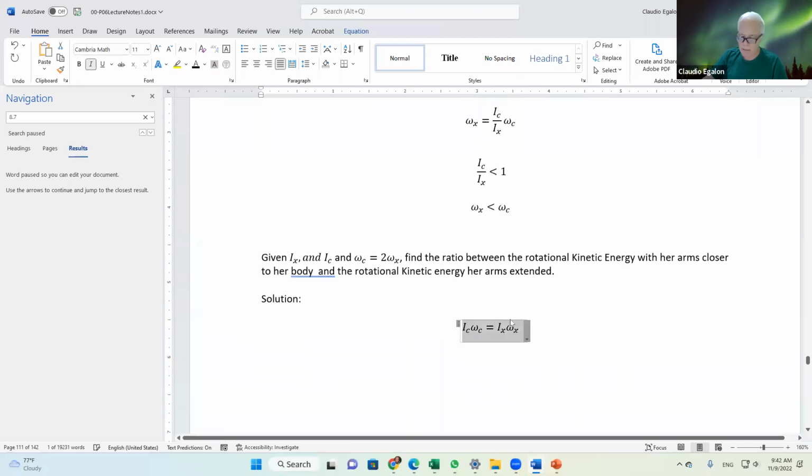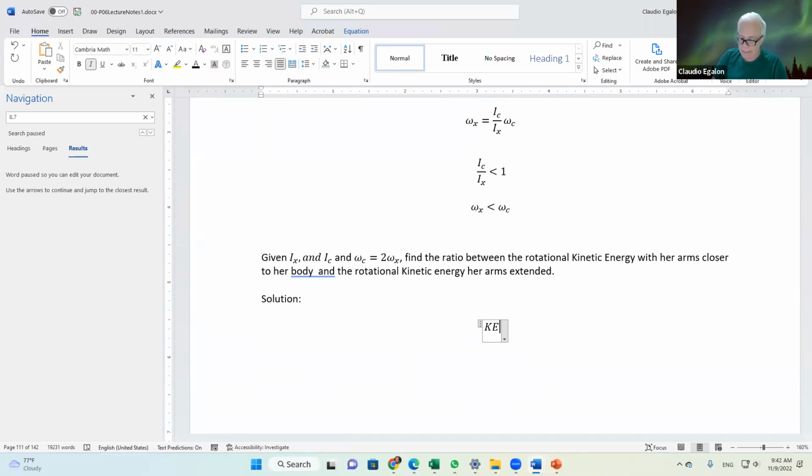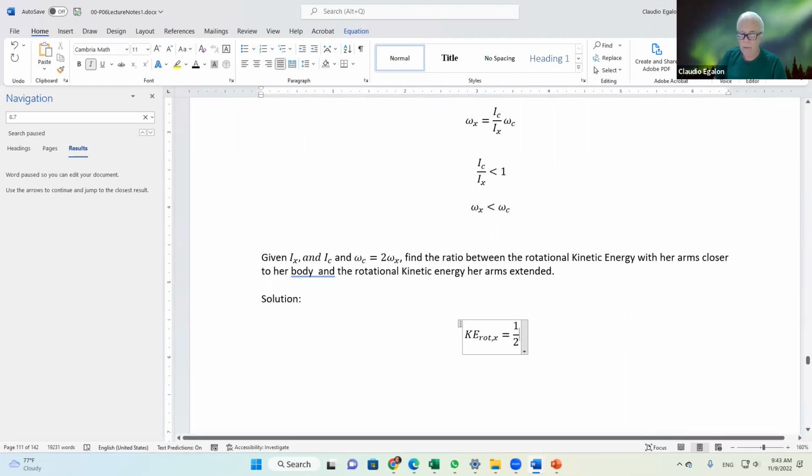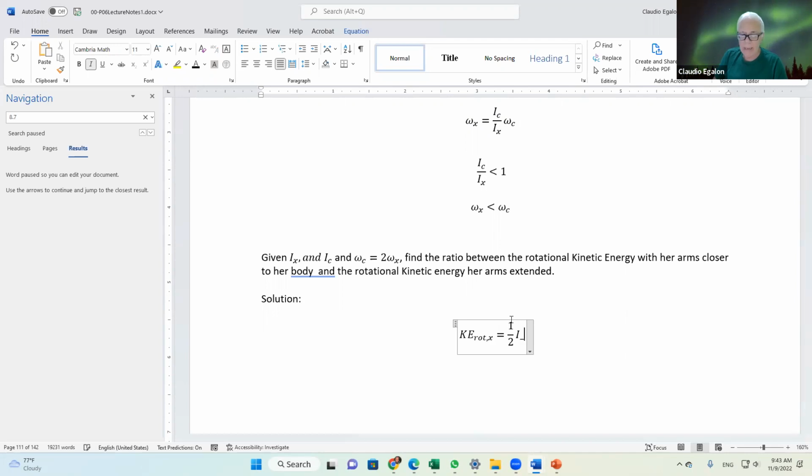So here we go. So we have rotational kinetic energy extended, right? Arms extended is equal to half I extended omega extended. Don't forget that the square.